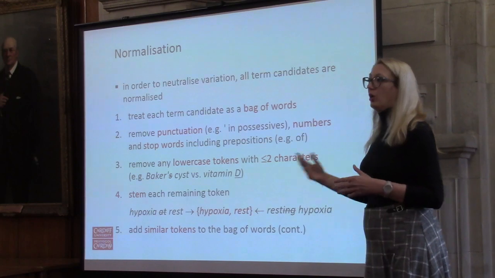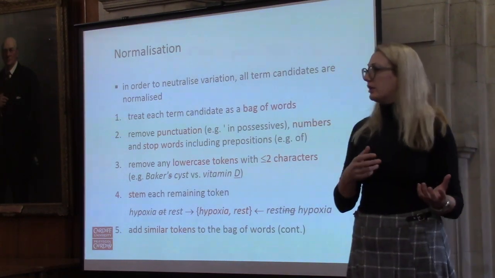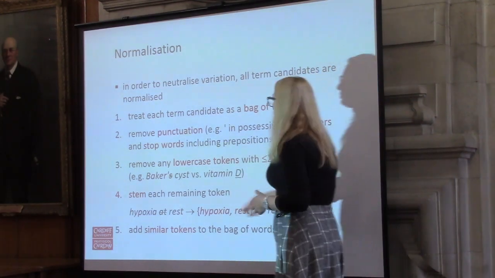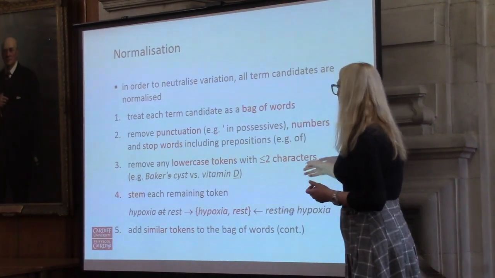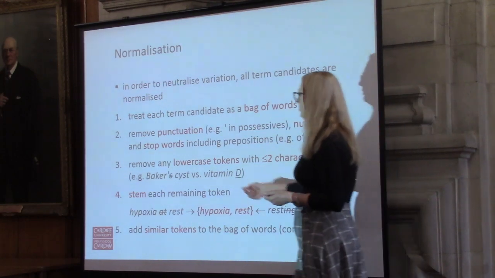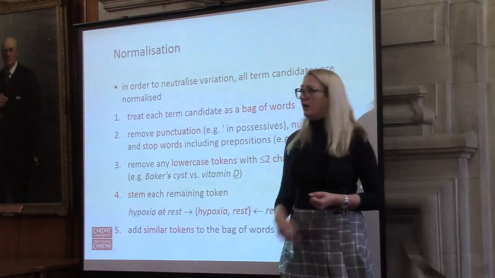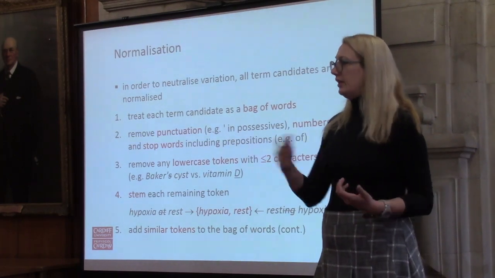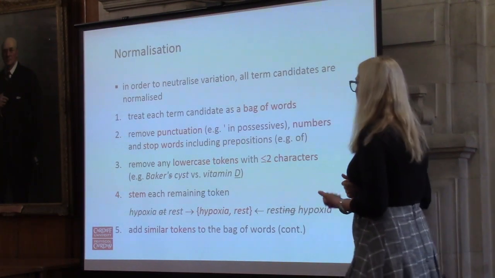Things like the preposition of, or in stone and kidney, we would remove in. We will also remove any lowercase tokens with less than 2 characters, so things like the possessive S, so you can say Alzheimer's disease or Alzheimer disease. This would solve the problem.